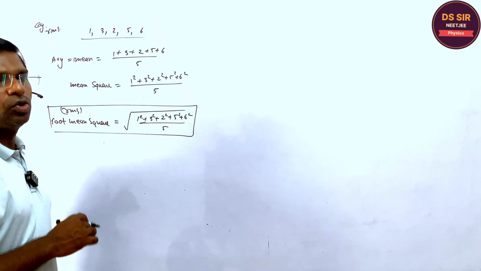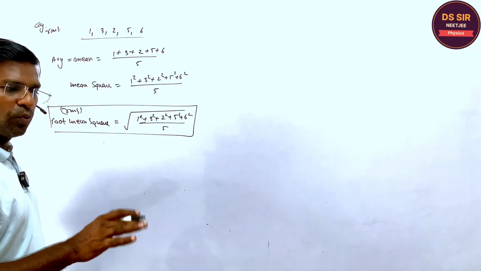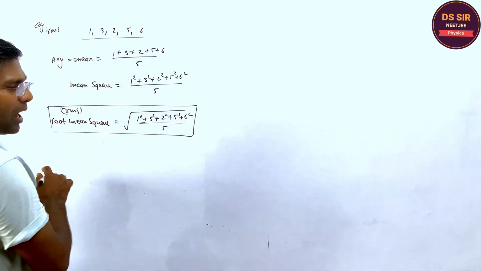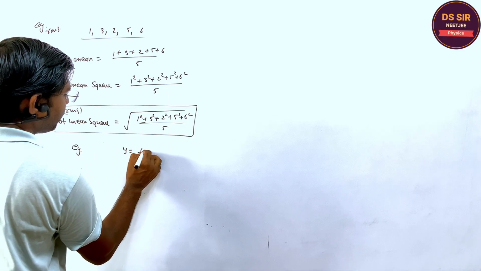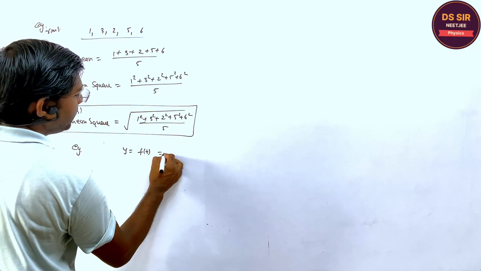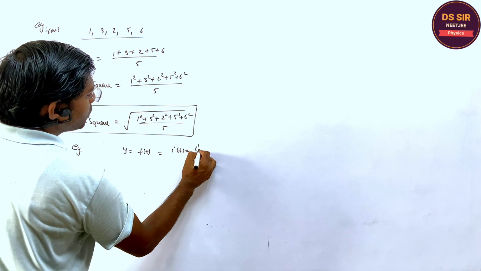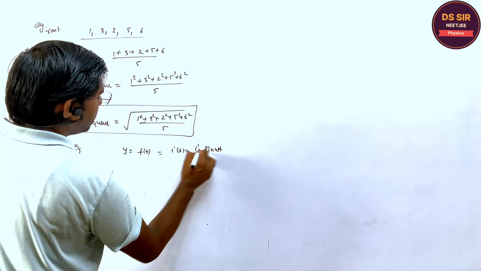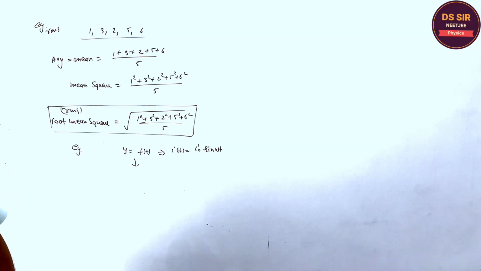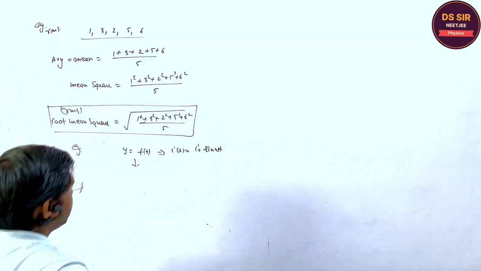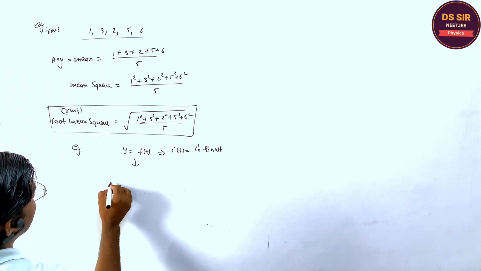But if for a continuous function you are asked to find the RMS value, for example y is equal to f(t), this is the function. The f(t) may be I0 sin omega t or some other function. So what is the formula to find the RMS value?